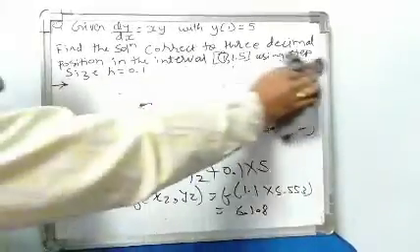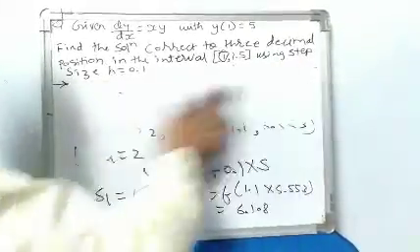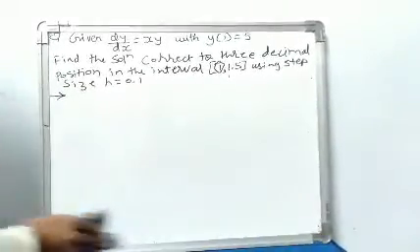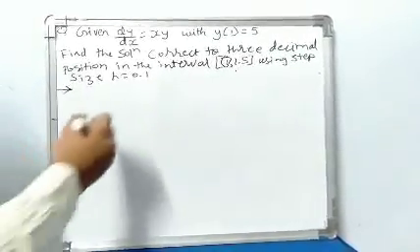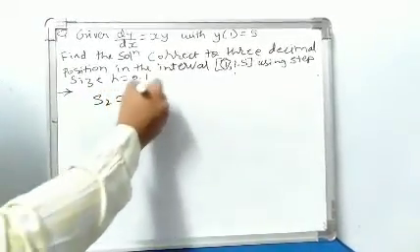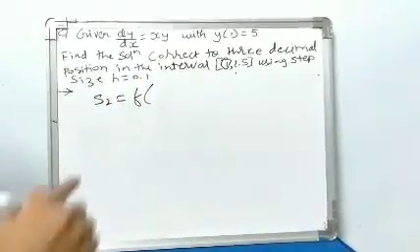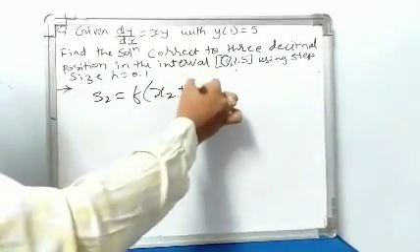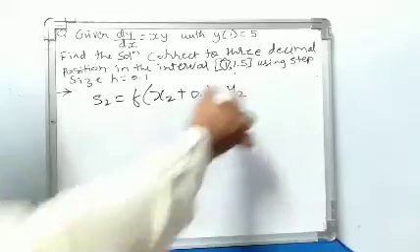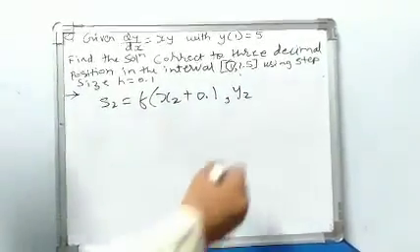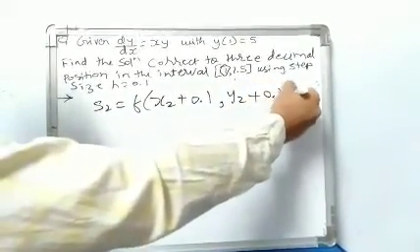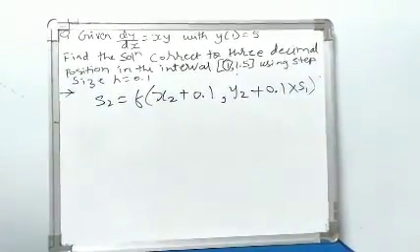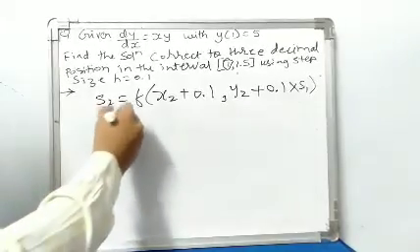So let us calculate s2 for iteration 2. s2 is equal to f of x2 plus 0.1 comma y2 plus 0.1 into s1. So we have the values, put all the values.